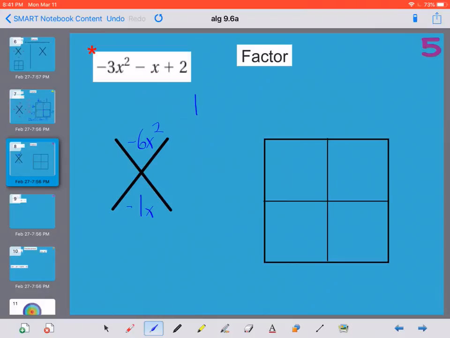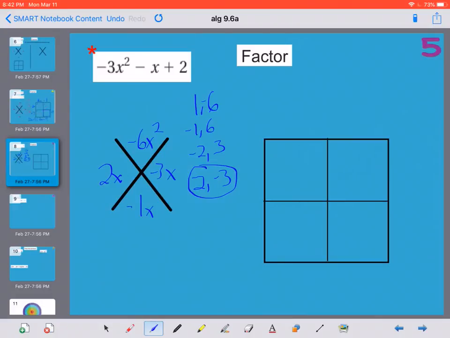So we could have 1, 6, negative 1, or negative 6. We could have negative 2 and 3, or 2 and negative 3. We know that they're going to add together to get to negative 1. So I think 2 and negative 3 are going to get us a negative 1. So we'll have 2x and negative 3x.